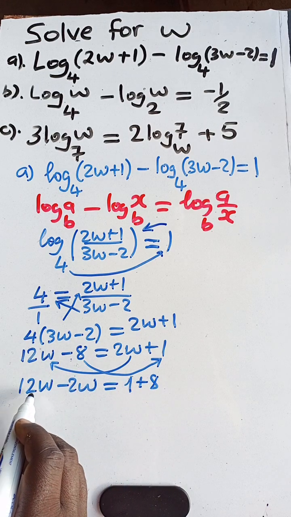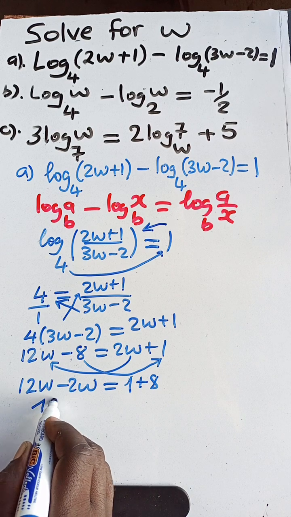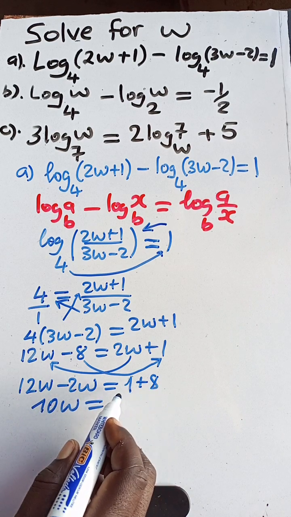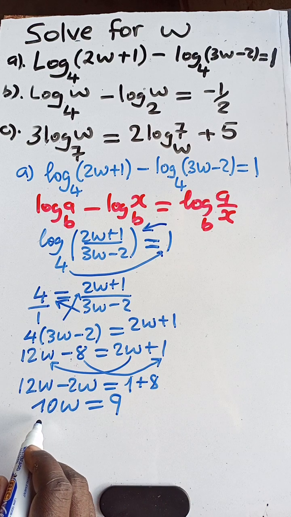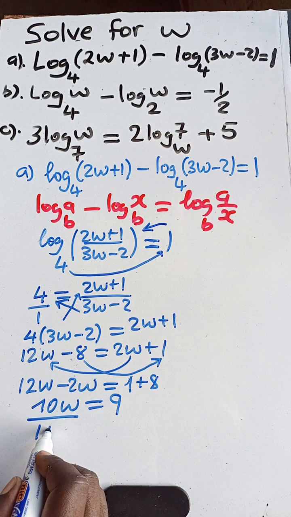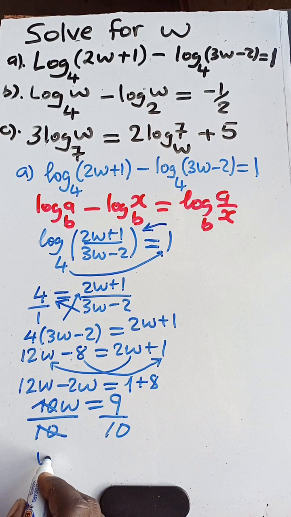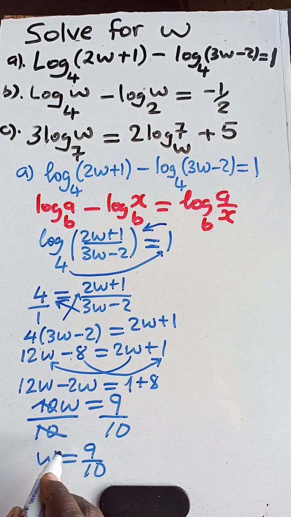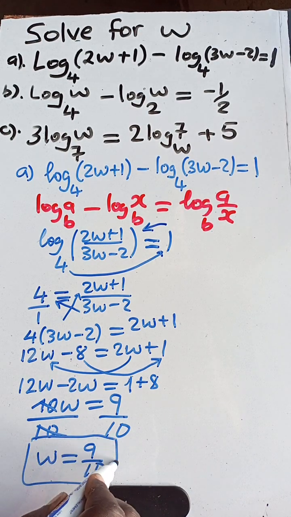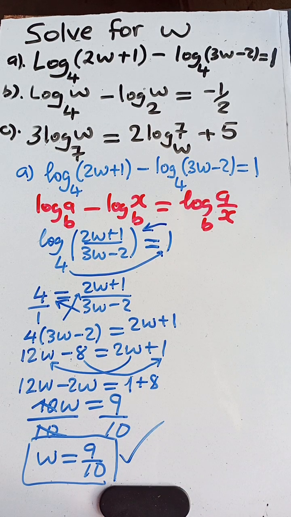So we have 12w minus 2w gives us 10w, and 1 plus 8 gives us 9. Therefore, to have w, we divide both sides by 10. So that 10 cancels, leaving us with the value of w as 9 all over 10. That is the solution of the first exercise.